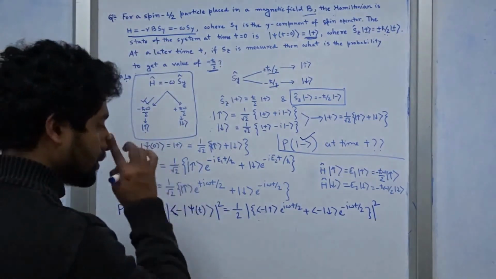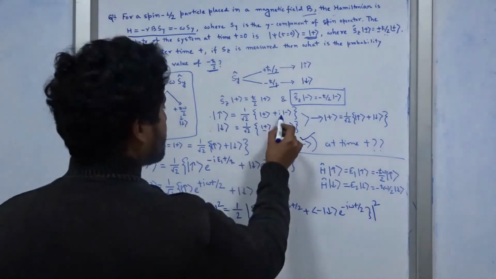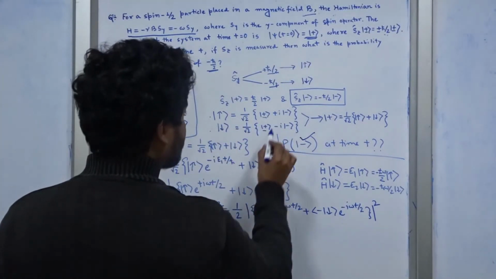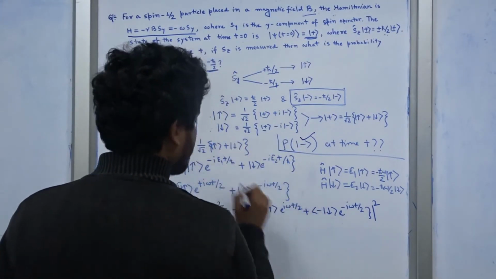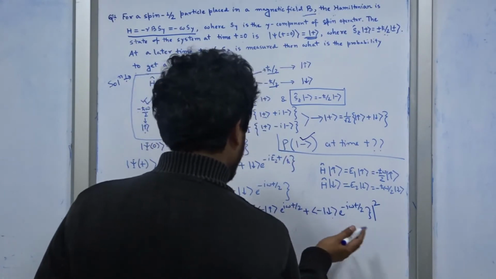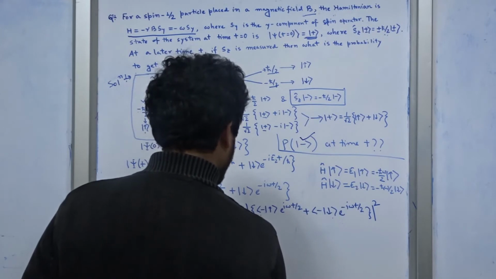Now if I project the minus state on up, it gives me i by root 2, and the minus state on down gives me minus i by root 2. I will take i by root 2 common, and since it is an absolute value, it will become 1 by 4.